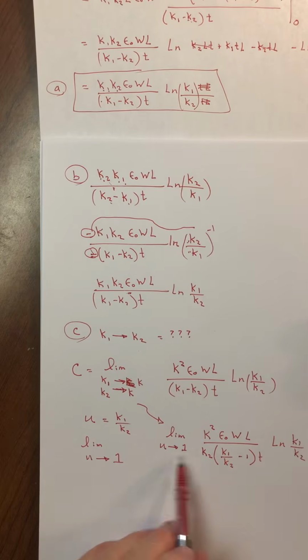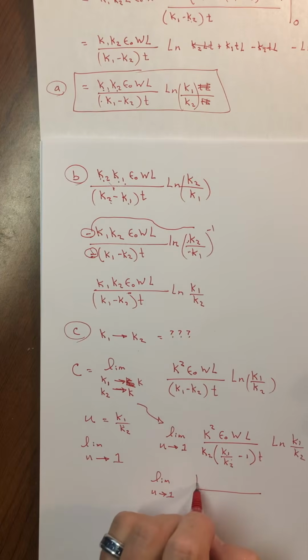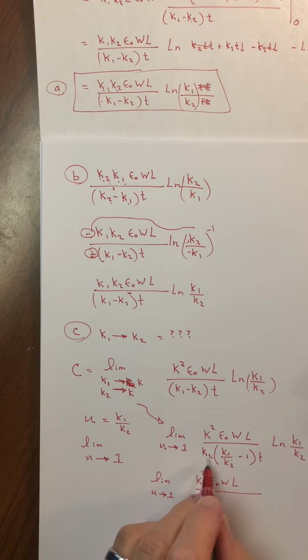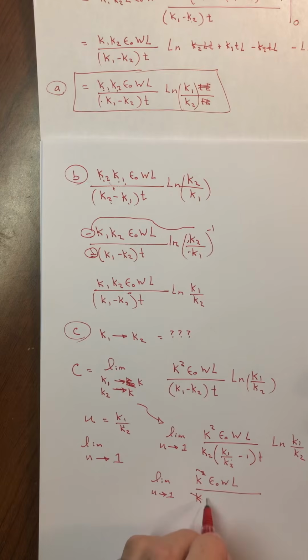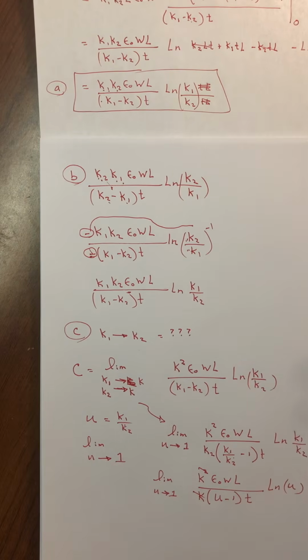See, and that's where this kappa 1 over kappa 2 being defined as u can now be useful. So this would be kappa squared, epsilon naught, the w, the l. This K2 is going to become a kappa, so those are going to end up canceling. But then this is a u minus 1 times a t over the natural log of u.